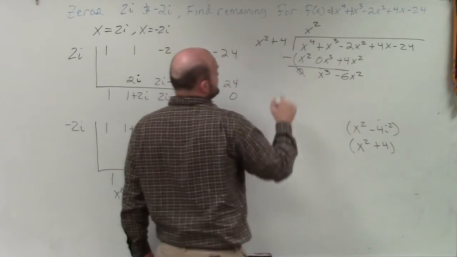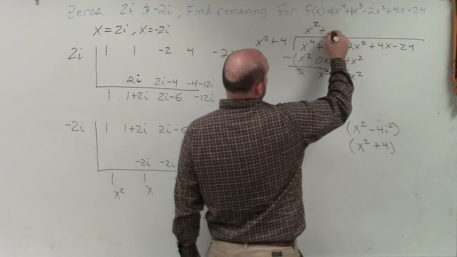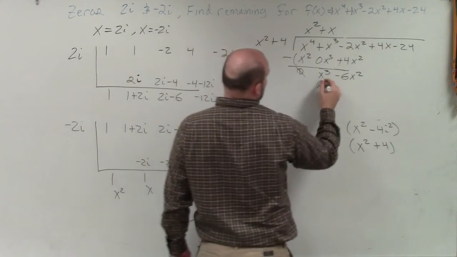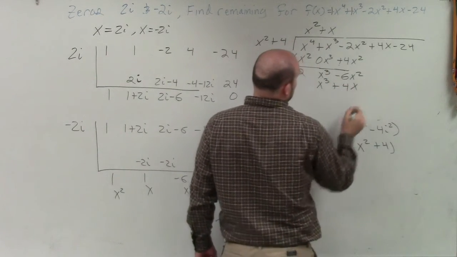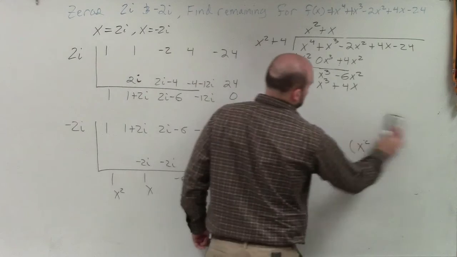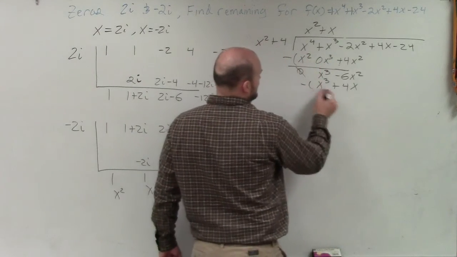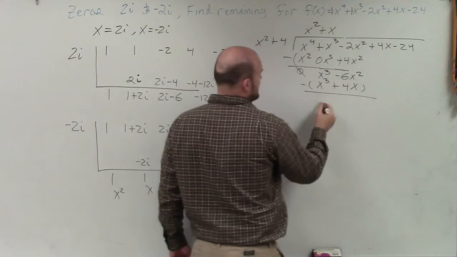Now x squared divides into x cubed a positive x times. x times x squared is x cubed, and x times 4 is a positive 4x. Subtract both rows and that goes to 0.